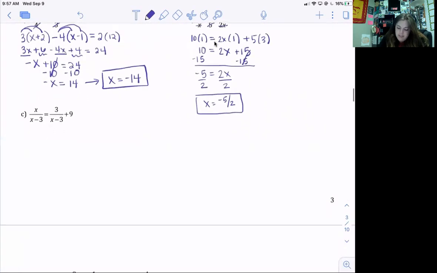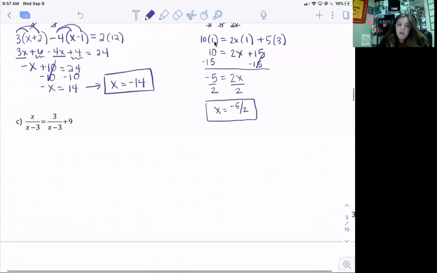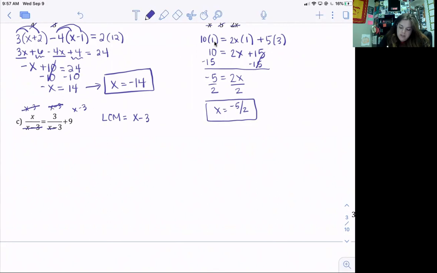All right, and C. x divided by x minus 3 equals 3 plus 9 times the quantity x minus 3. So if we look at our least common multiple between our denominators, it's just x minus 3. So if we multiply every term by x minus 3, what's nice here is these are all going to cancel out. So we're left with x equals 3 plus 9 times the quantity x minus 3.